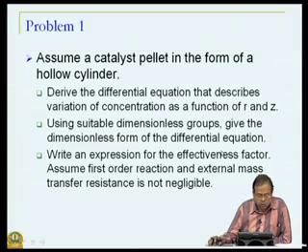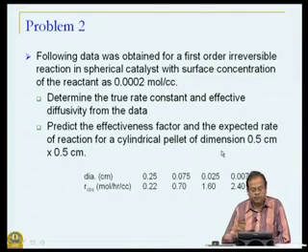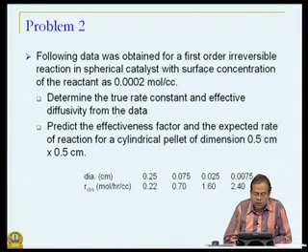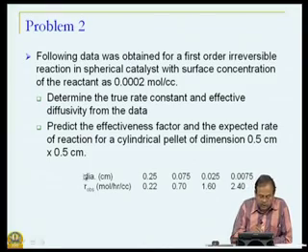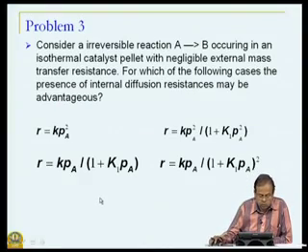Let us look at one more problem. The following data was obtained for a first order irreversible reaction in a spherical catalyst with a surface concentration of reactant as 0.0002 moles per cc. So, the data is given.